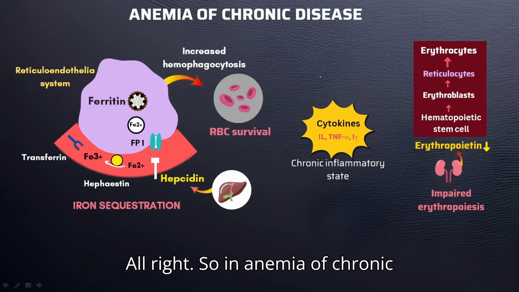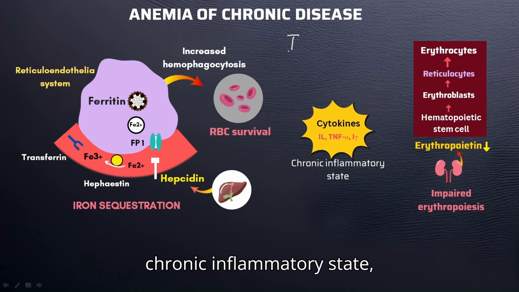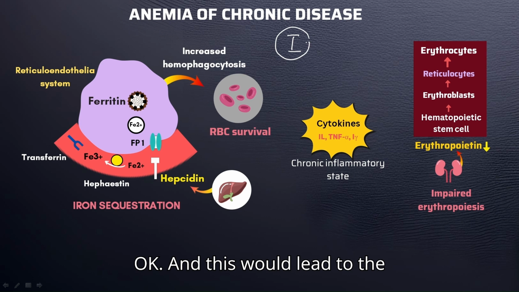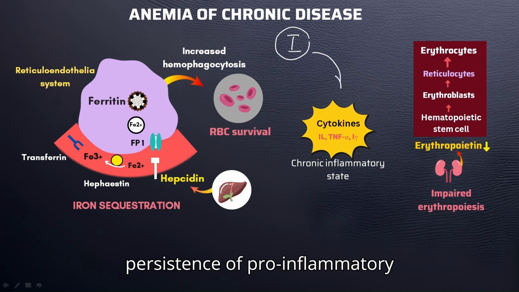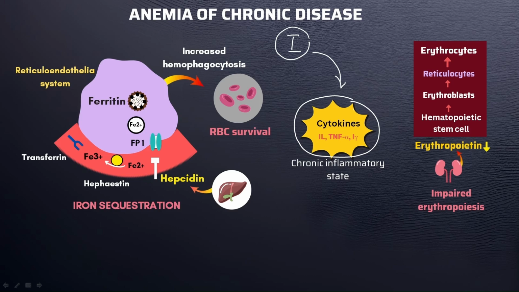All right, so in anemia of chronic disease, we are saying that there is a chronic inflammatory state, okay? And this would lead to the persistence of pro-inflammatory cytokines such as interleukin-6, TNF-alpha, and interferon gamma, right?